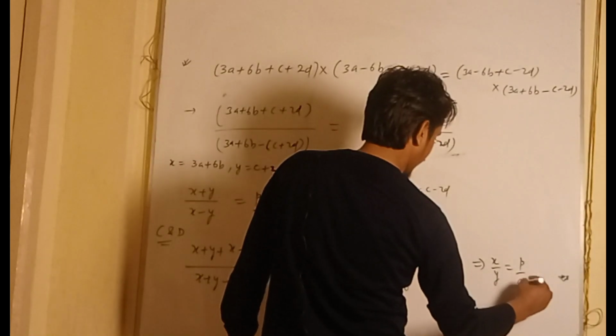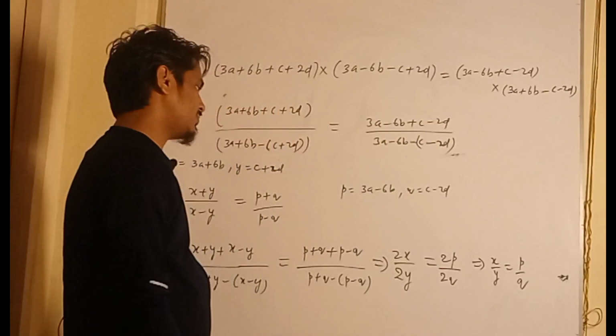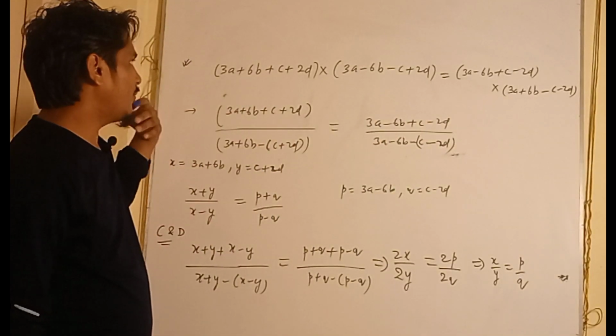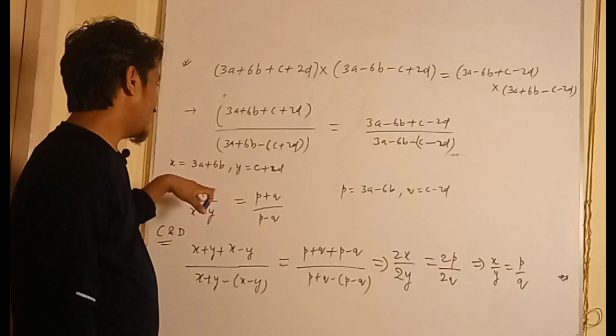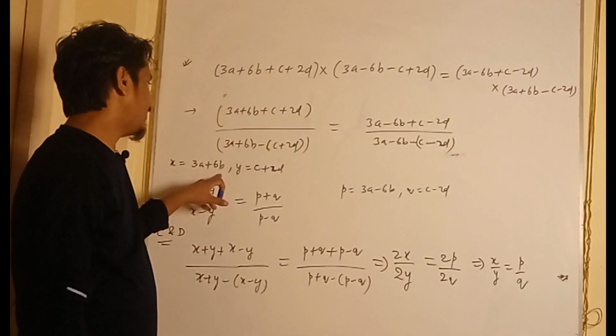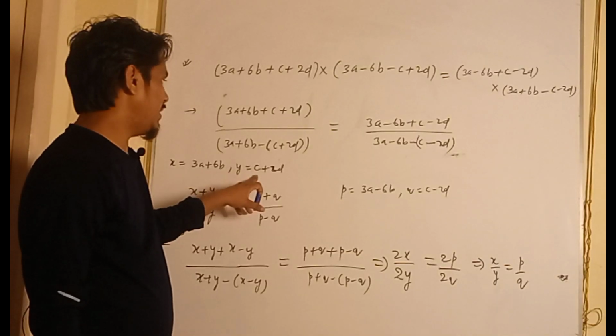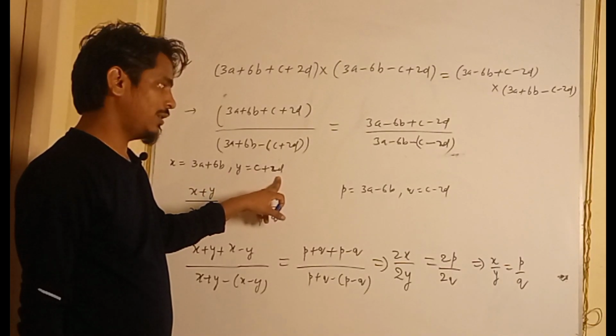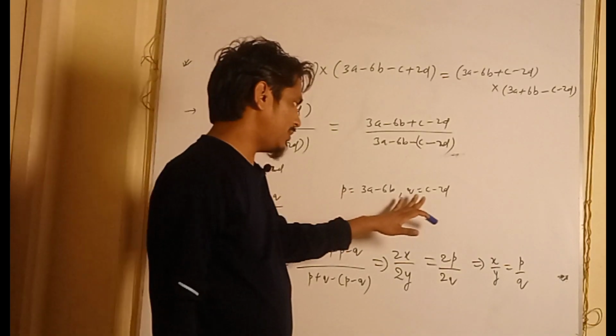But we need to find the value for a over b. Here x is what? We have taken x as 3a plus 6b, and y as c plus 2d, and the p and q values are these.